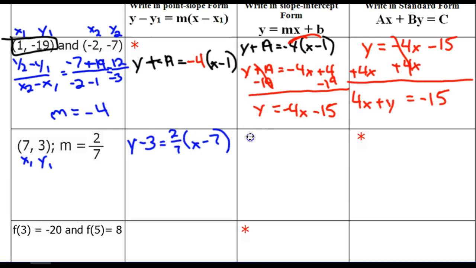We can make this into slope-intercept form, so y minus 3 equals 2 over 7 times x minus 7. We can distribute the 2 over 7.